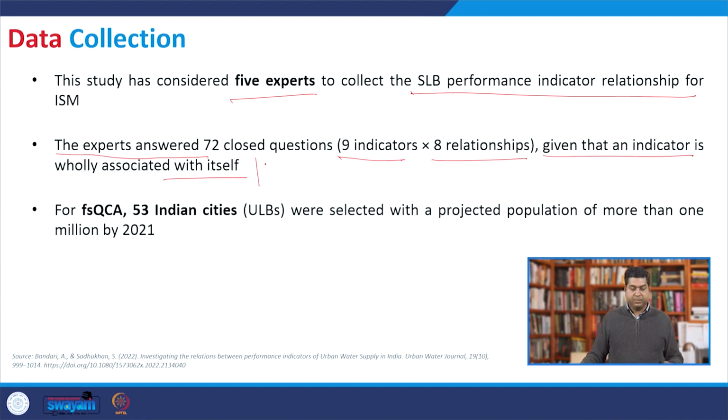Now, for the second part of the study where we have used FSQCA, 53 Indian cities were selected with a projected population of more than 1 million by 2021, and for these cities we have SLB data available.